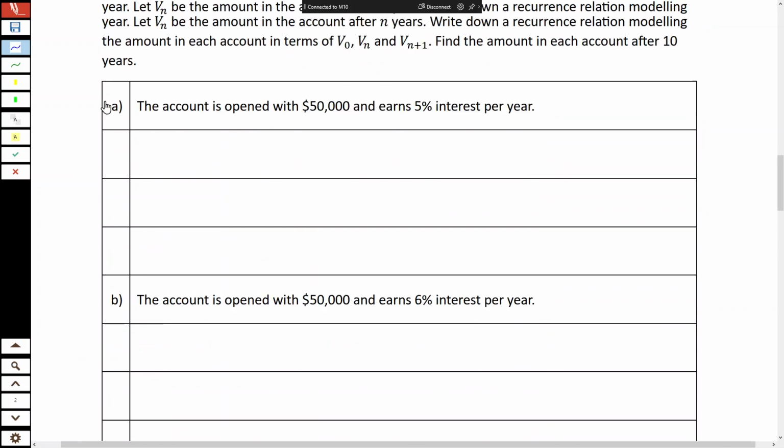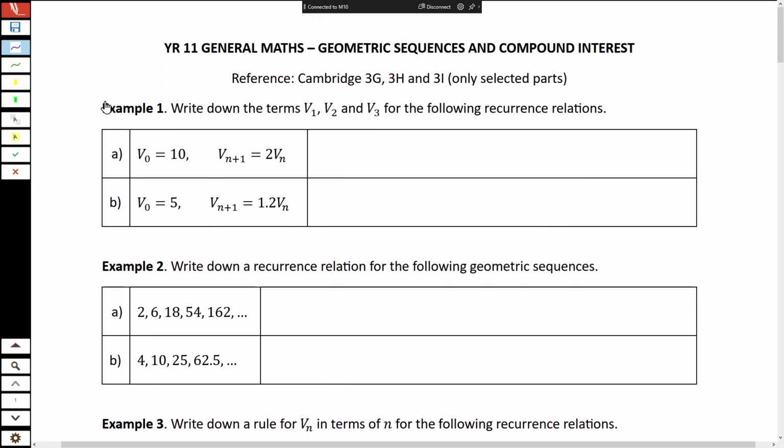All right, so let's go back to example number 1. In this course, we have talked about 2 types of sequences. One of them is called arithmetic, and the other one is called geometric. This sheet is all about geometric sequences.